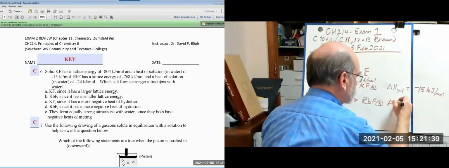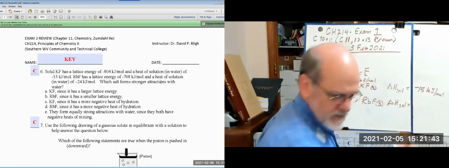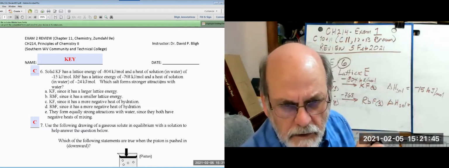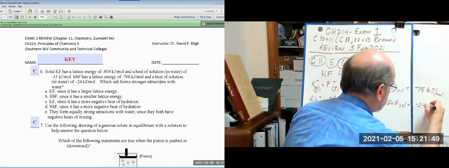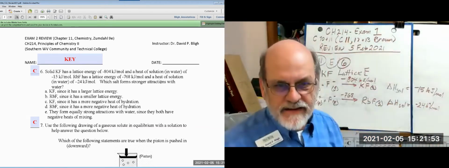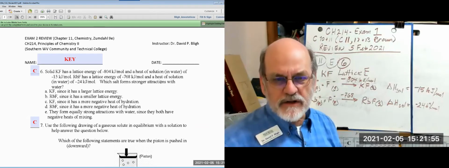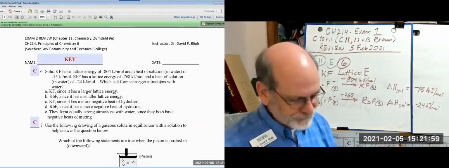And the heat of solution for rubidium is minus 24. Okay, that's everything that's given. The question is, which forms the stronger attraction with water?